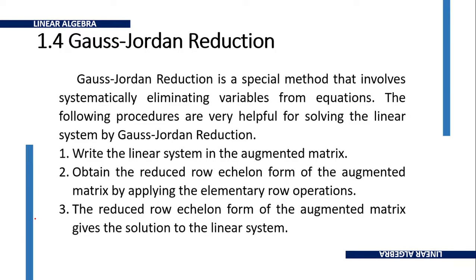First, write the linear system as an augmented matrix. Second, obtain the reduced row echelon form of the augmented matrix by applying the elementary row operations. I-discuss ko din mamaya kung ano yung reduced row echelon form and also yung mga elementary row operations. Third, the reduced row echelon form of the augmented matrix gives the solution to the linear system. Okay?